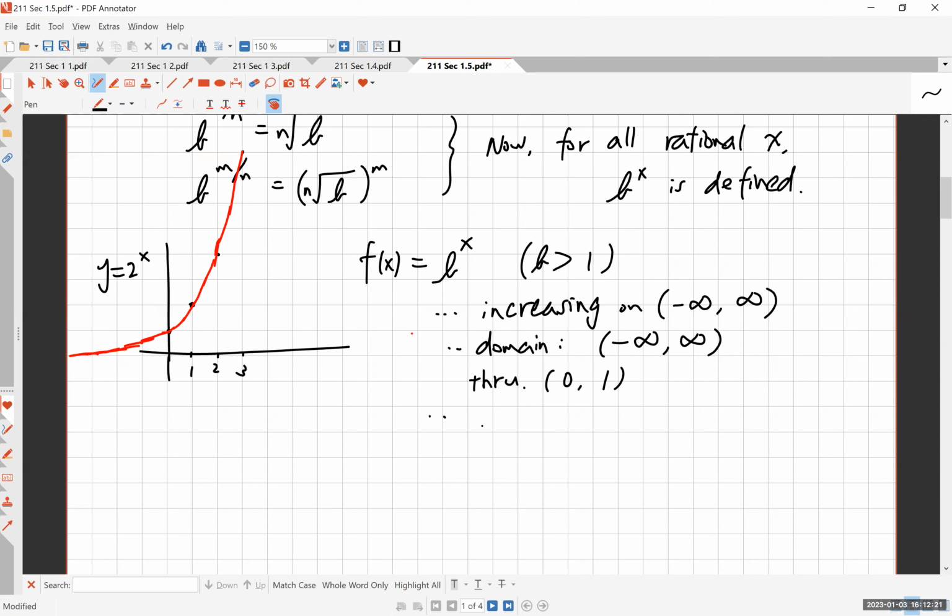It gets close to 0 as x goes to negative infinity, and f of x is always positive for all x. So those are some of the properties of exponential functions where the base number is greater than 1.